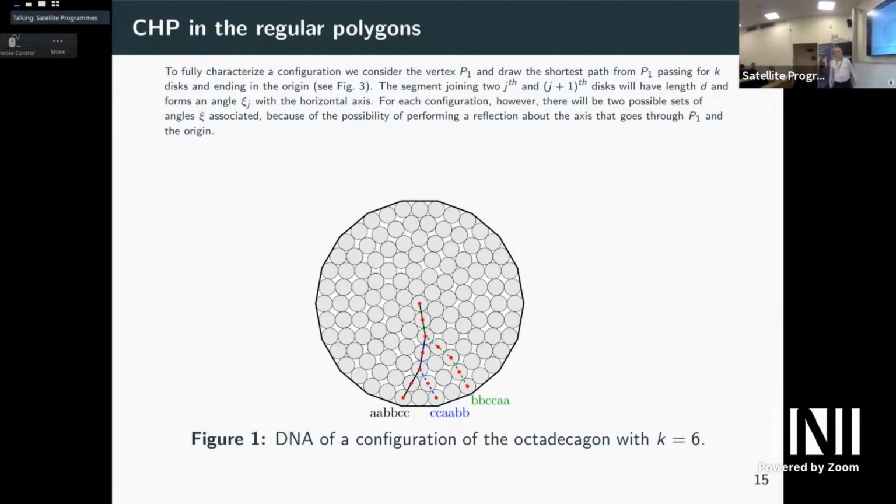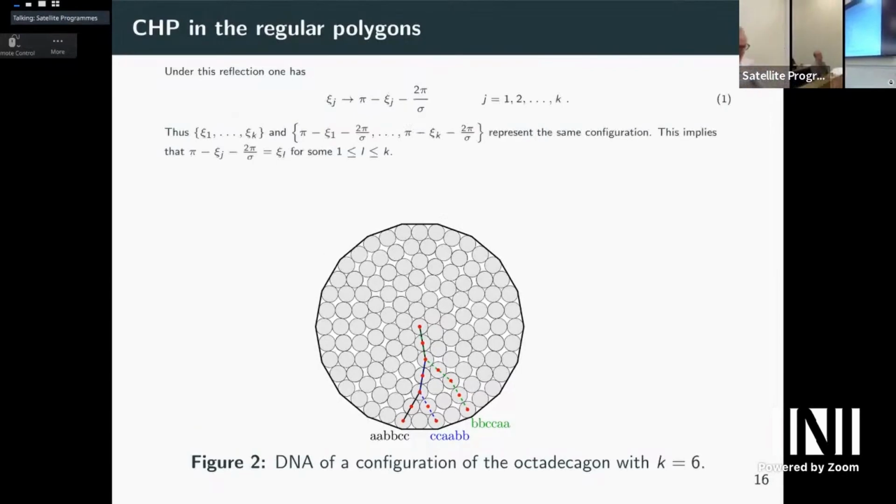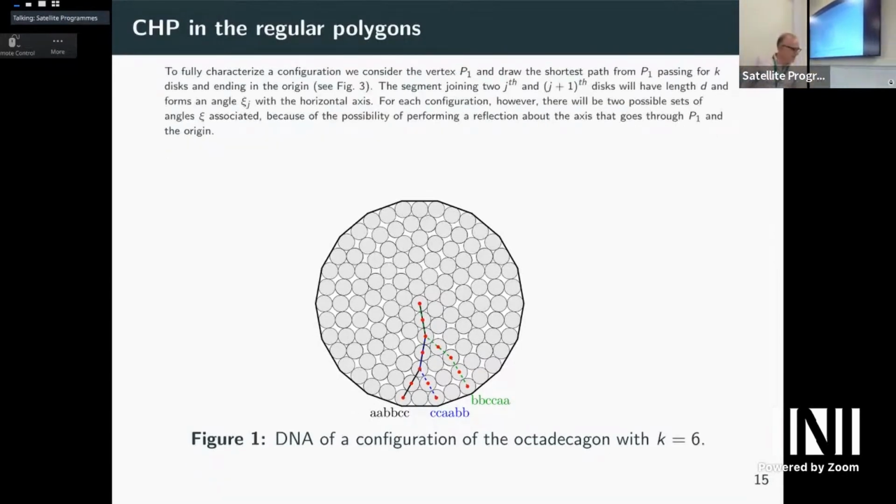So we actually think in terms of new angles. Before I had the angle phi, which were the angle between these arrows and the horizontal. And now I have the angles that I call psi, which are the angle between this segment and the horizontal. Psi and phi are different angles, but they are related.